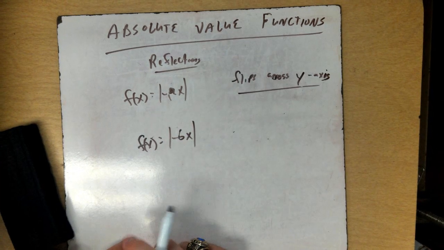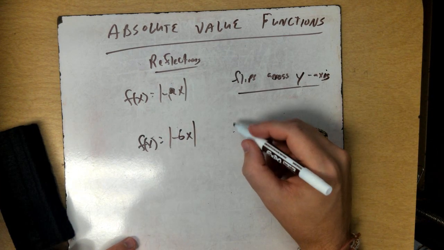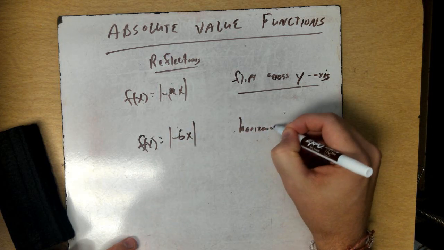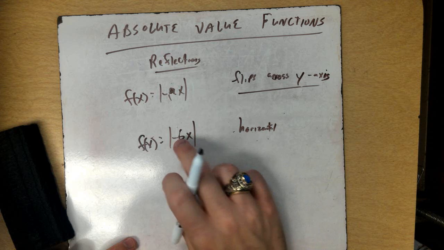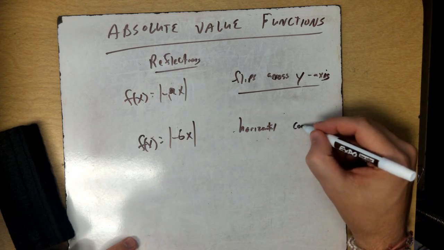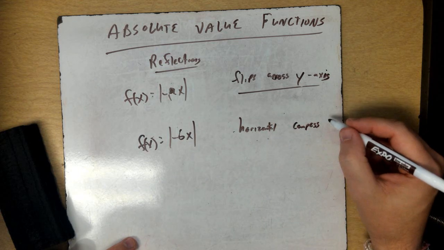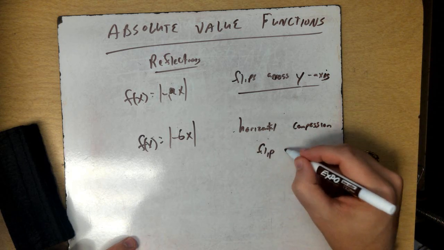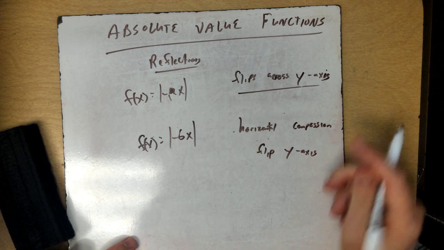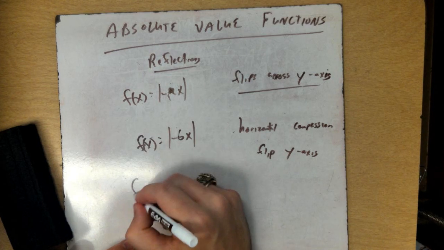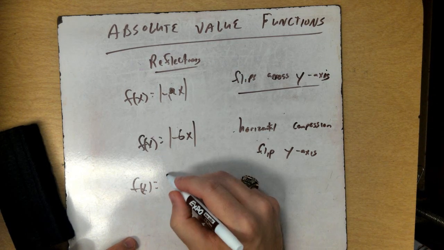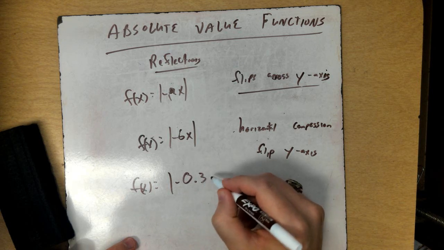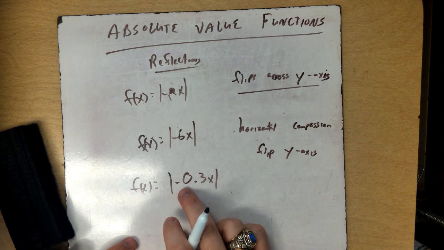If we have this, because everything is in the bars, it's horizontal, and because it's greater than 1, it's a compression, and then it's going to flip across the y-axis, okay? And then we have this negative and less than 1, it's a decimal but still less than 1.